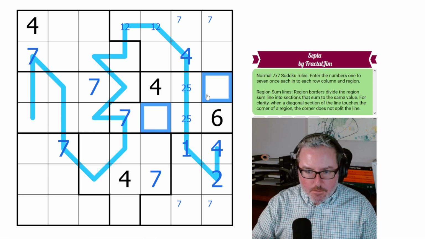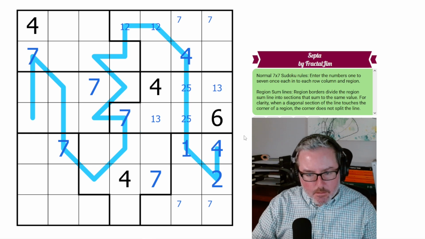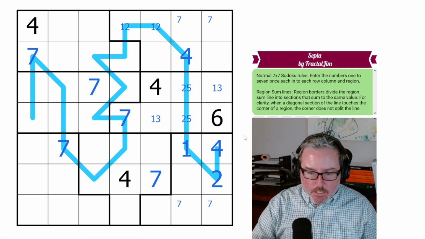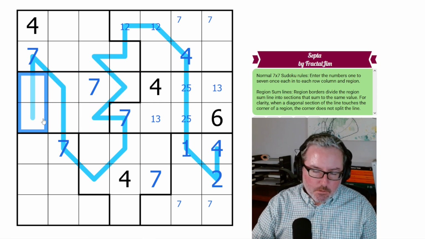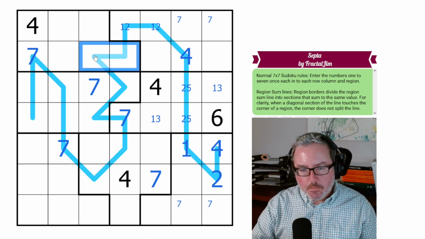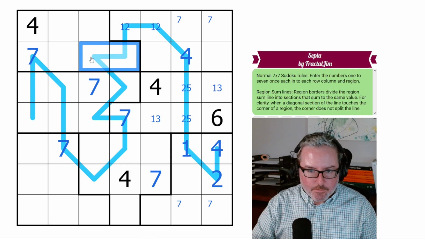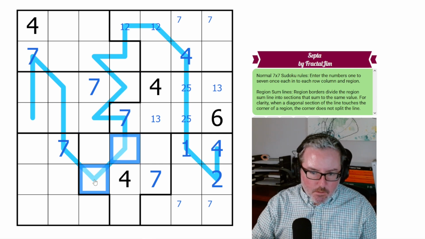We know that these two have to be 1 and 3, but there's nothing looking at them, so that's somewhat less than ideal. Where else? Again, these remaining 2s, there's still multiple options on all of them, it seems, because you can easily put 6, 1 or 5, 2 in that one, in this one, and in this one.